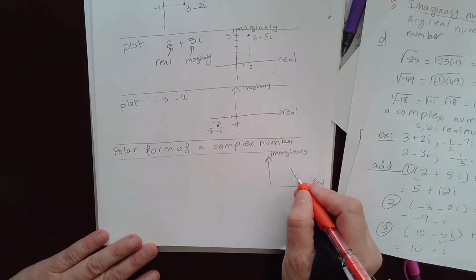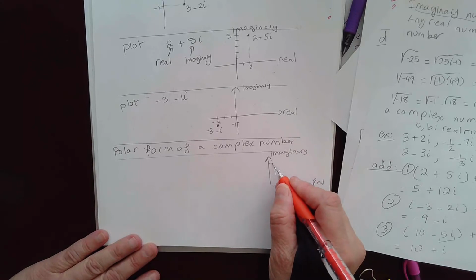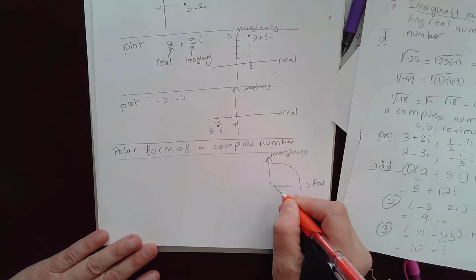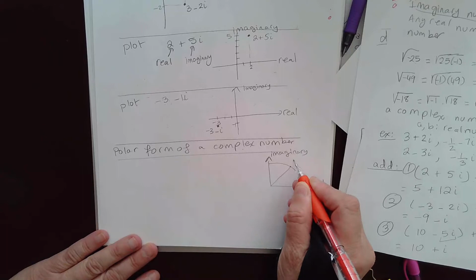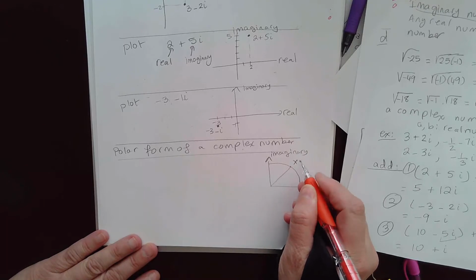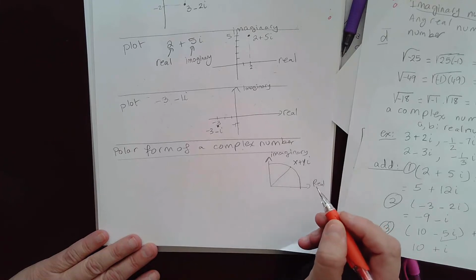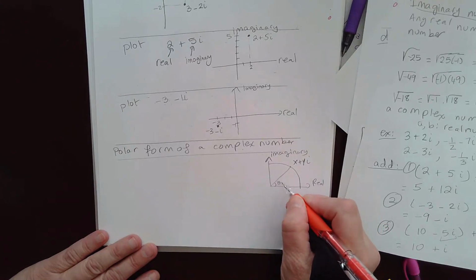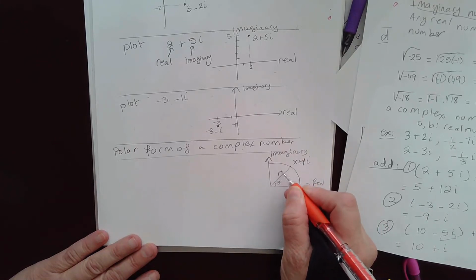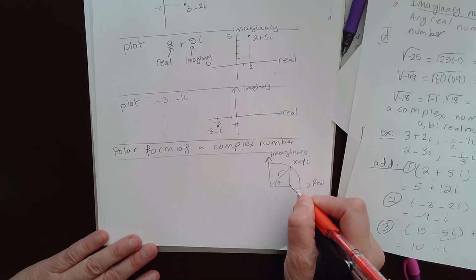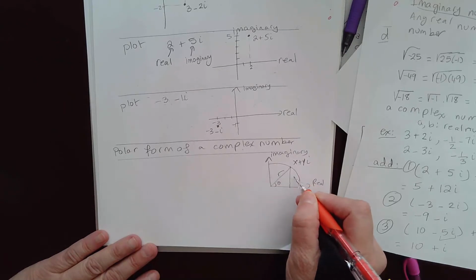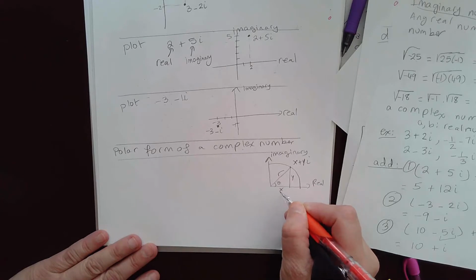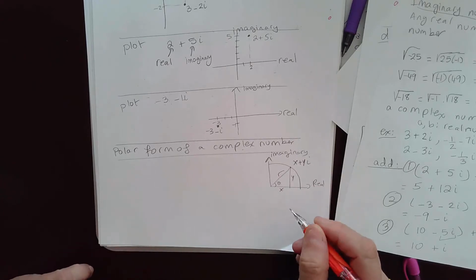And this is a point right here, which would be x plus yi, or a plus bi, right? And here's your theta. This is r. This one is y, same as here. This is x, right?